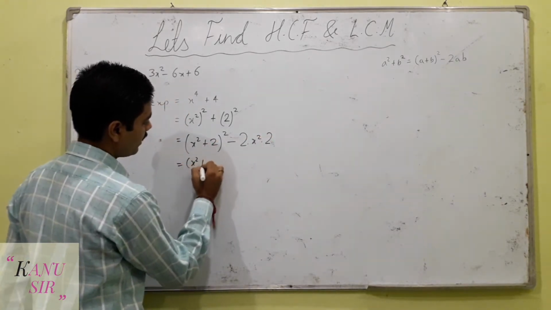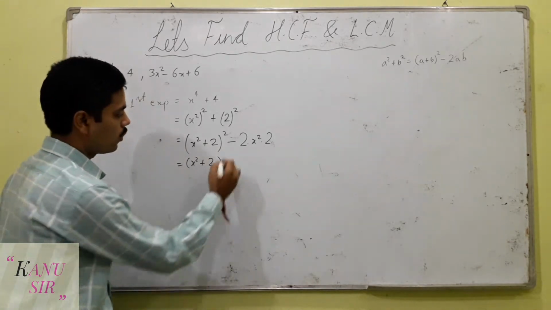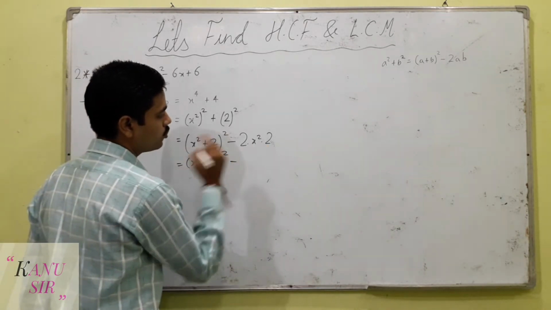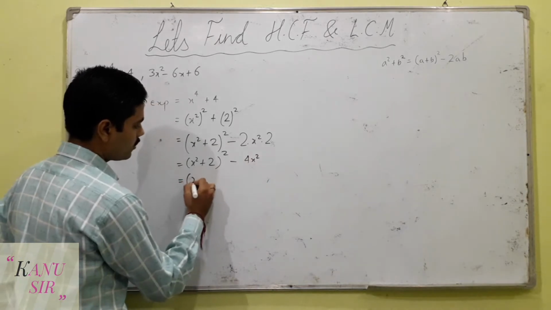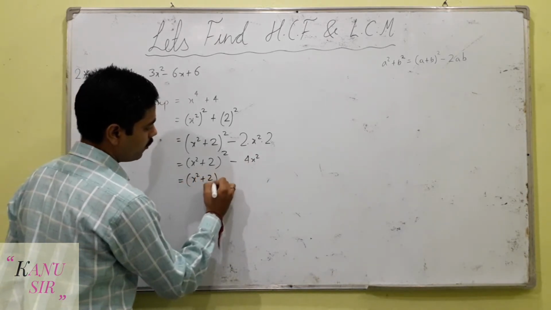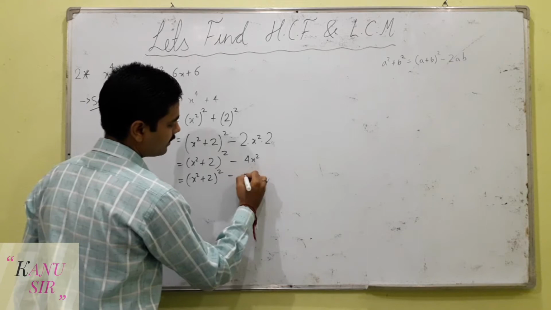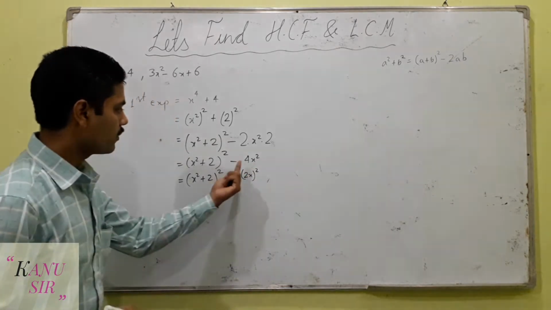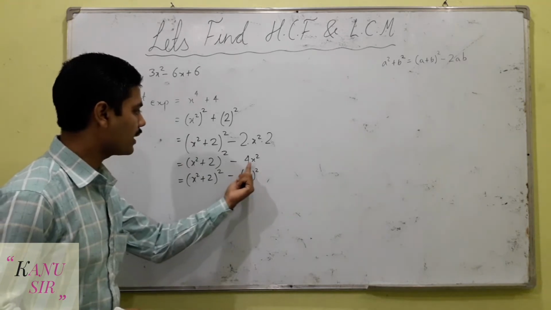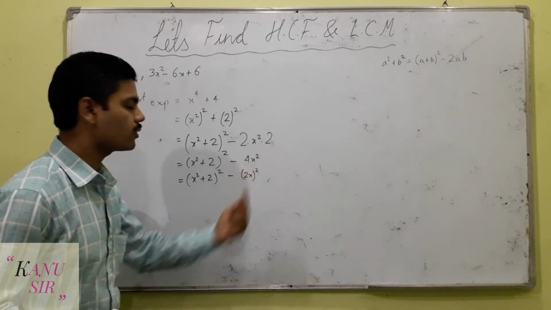So here you will get x square plus 2 whole square minus 2 times 2 is 4x square, which you can again change into a formula. 4x square can be changed into 2x whole square, because 4 can be changed to 2 square and x square can be changed to x power 2.